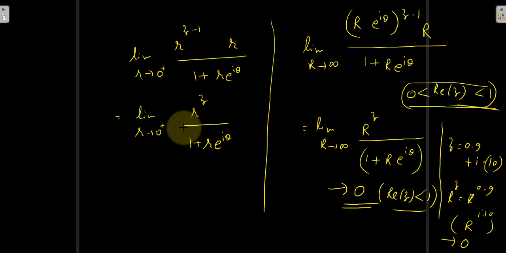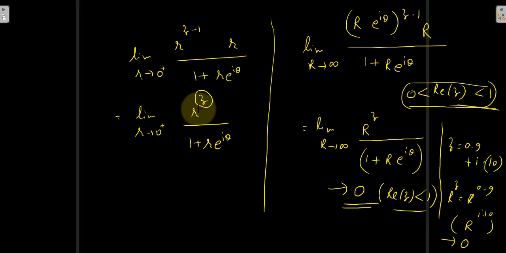Since r tends to 0 and the real part of z is greater than 0, let us again put z equals 0.9 plus i into 10, imaginary part can be anything, but suppose the real part is 0.9. So you will get r to the power 0.9, and this is not a negative power. You are not going to have a negative real part, so r will not jump to the denominator.